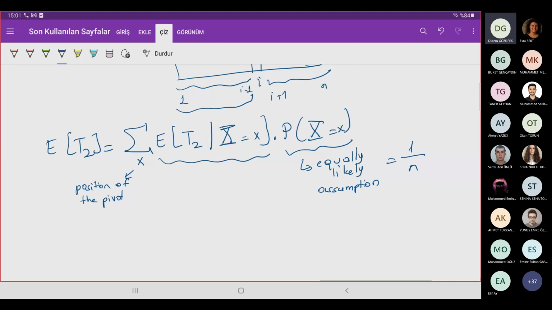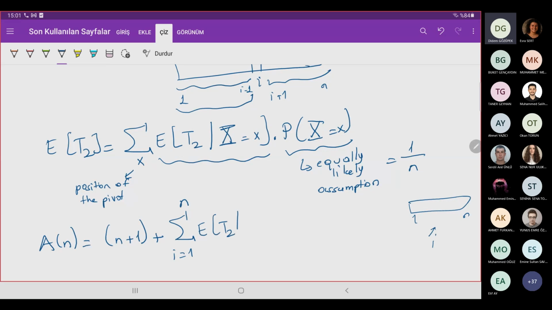So a(n) is the expected value of T1, which is n plus 1, plus the expected value of T2, which is the summation over i from 1 to n, because the pivot can be in any of these positions, of the expected value of T2 given that x is equal to i, times the probability that x is equal to i, which is 1 over n.